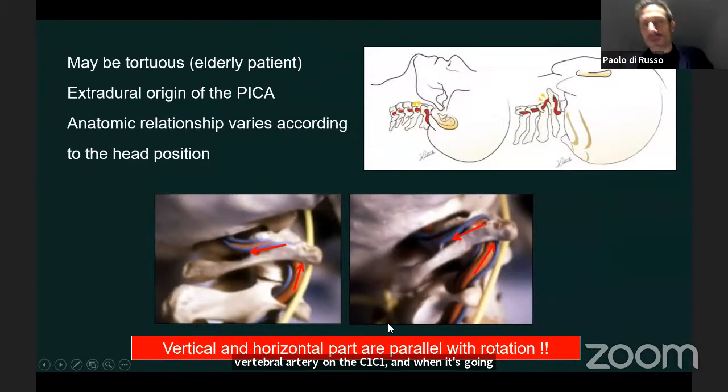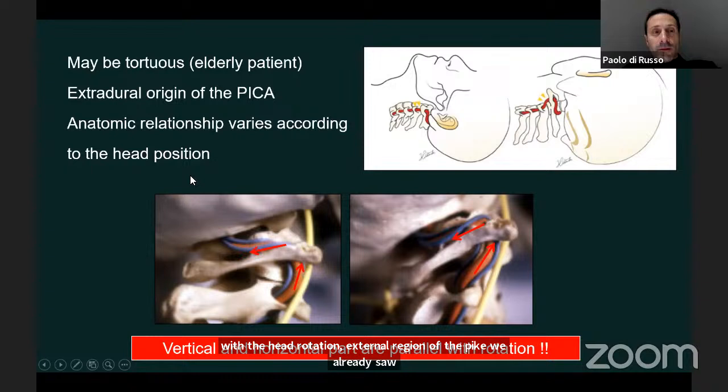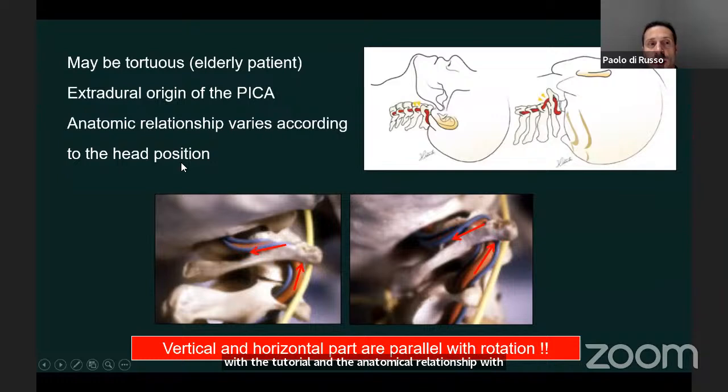Vertebral artery, we saw a lot already during this webinar about the vertebral artery. It may be tortuous in elderly patients, so be careful with the head rotation. The extradural origin of the PICA we already saw with Vittorio, and the anatomical relationship with the transverse foramen may change according to the head position.